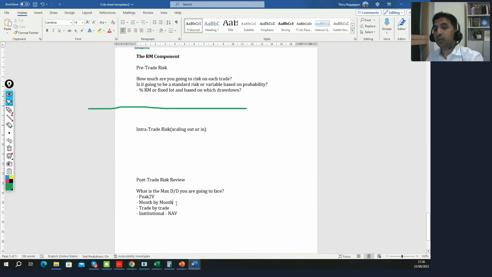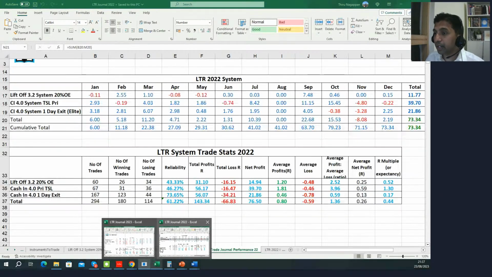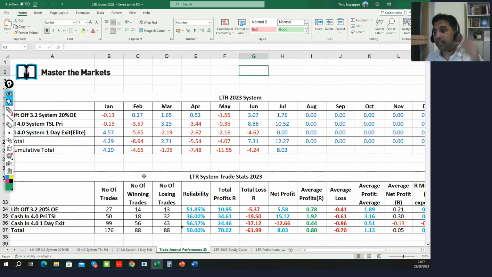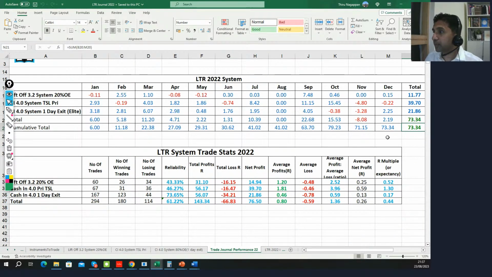The reason why we do that is to know when to switch it off, when to review it, and when to go and scale up on the bigger accounts as well. Now, traders, last year we ended up, as I showed you, with 73.34%, very nice hefty profit, 39.70% coming from TSL primary strategy, 21.86 and 20% OE coming 11.77, altogether totaling 73.34% at 1% risk management on every single trade, right?